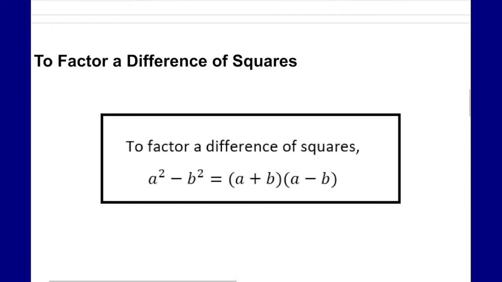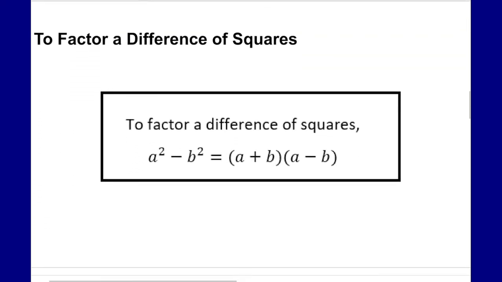So to factor a difference of squares, two key things. First, making sure we recognize it, and then once we recognize that we have a difference of squares, I look at the first term and take its square root, and that goes in the first part of my bracket.